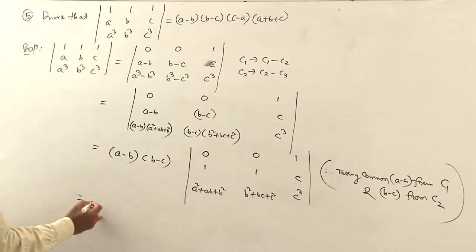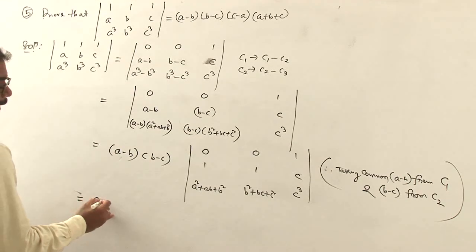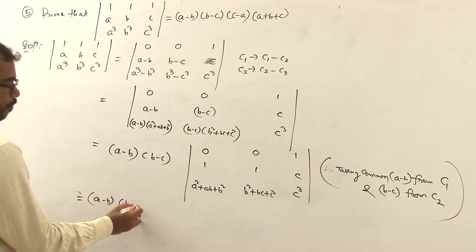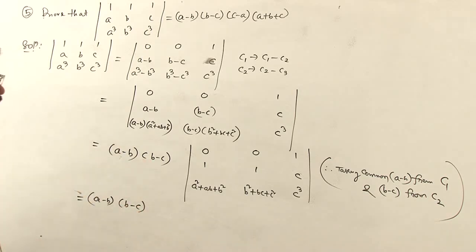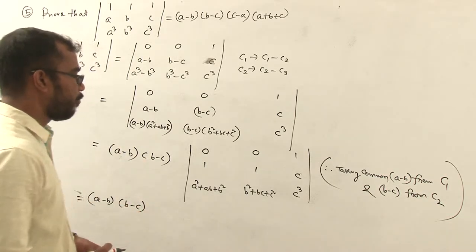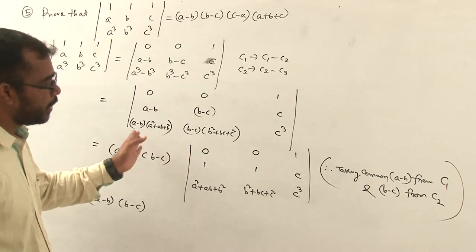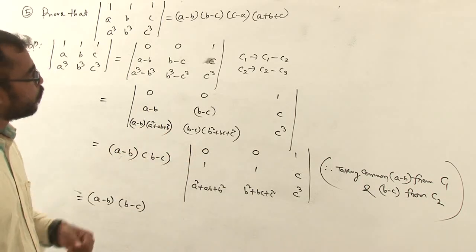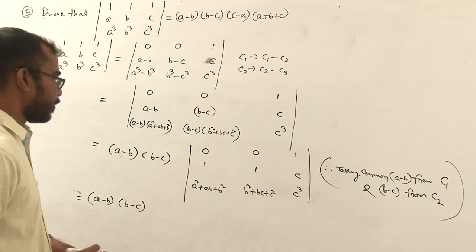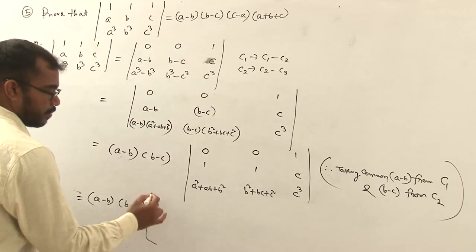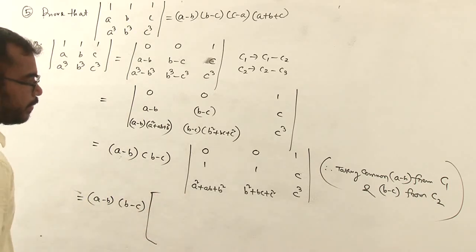Now here A minus B into B minus C is common. If we evaluate directly, then you get the result also. So here you have to expand directly.